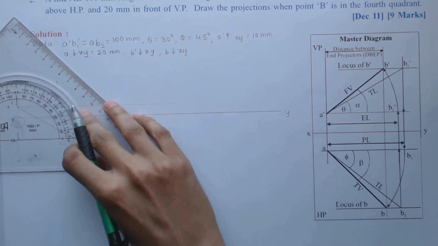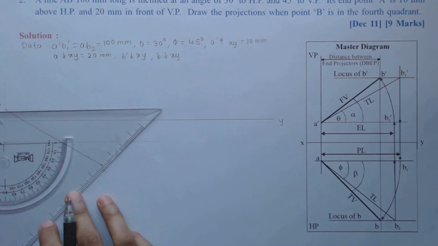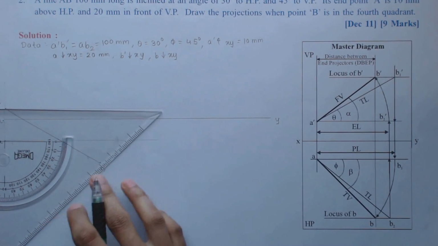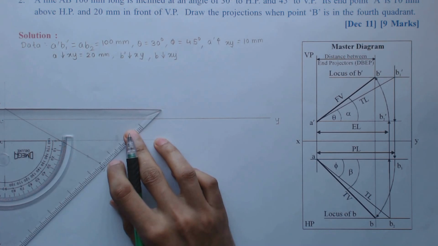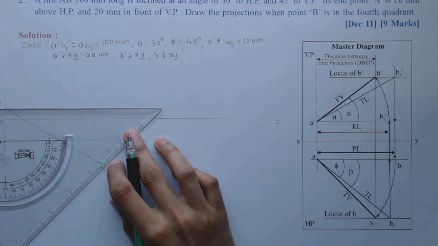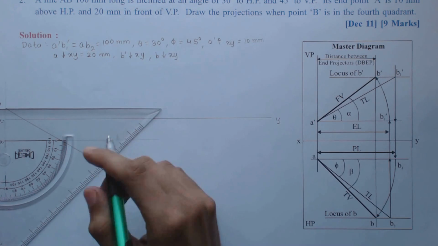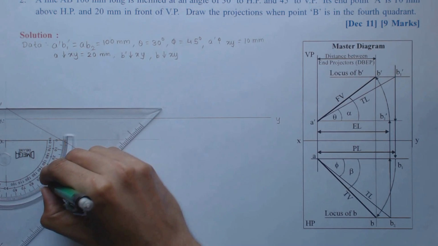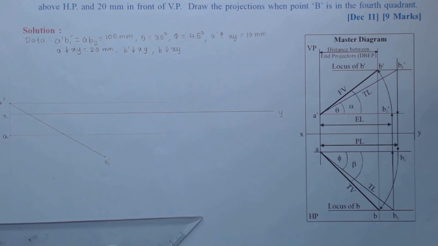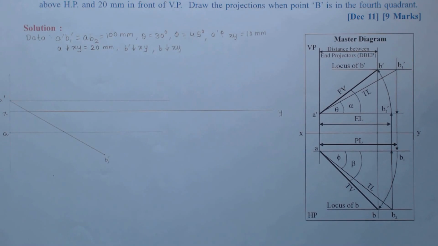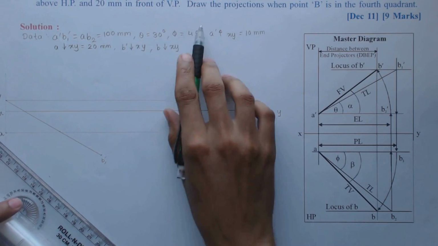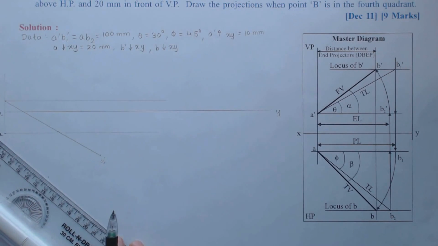So that will be wrong. So I need to produce that angle 45 degree below, that means in the downward direction. So with A, I'll measure angle 45 in the downward direction, and again I need to take length equal to the true length, which is 100 mm.